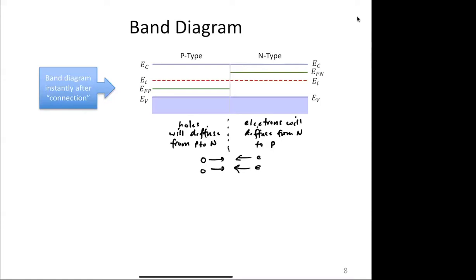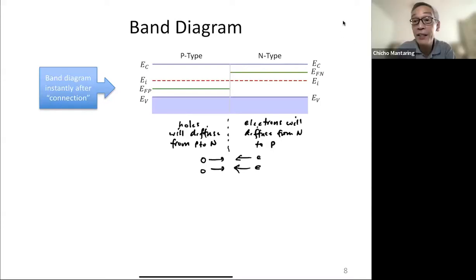They will combine. Yes, they will. The chances are they will recombine. So you're going to see electrons and holes recombining in this particular area. So when electrons and holes recombine, nawawala na yung free electron, nawawala na rin yung hole.